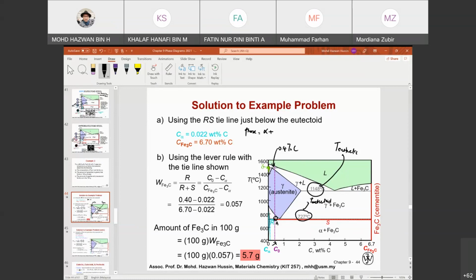The phase is alpha plus cementite. So when you have the alpha plus cementite region, it means that the composition that you need to report is basically alpha and also cementite. Okay, right. So if I ask another question, what will be the composition of alpha and the composition of cementite, if you read roughly from the phase diagram?